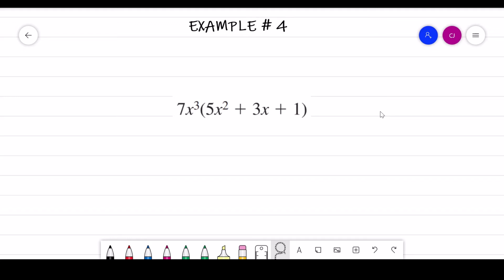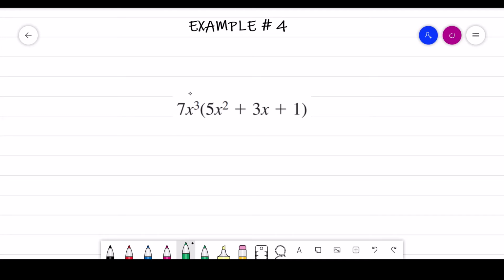All right, in this example, we're going to see that for our boxes, we're going to have to include zeros, and I'll show you what I mean. So for step number one, we have to draw our box, so we need to figure out our height.